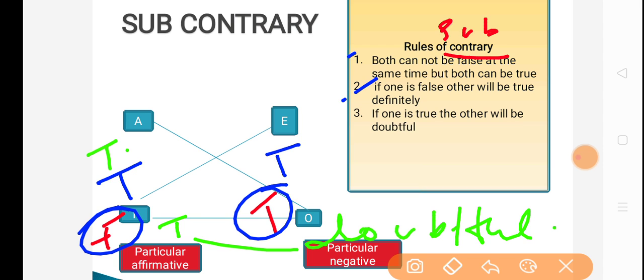So we do not need this statement here. So simply what it means: if one statement is false, the other will be true definitely. And if one statement is true, the other will be doubtful. Okay.